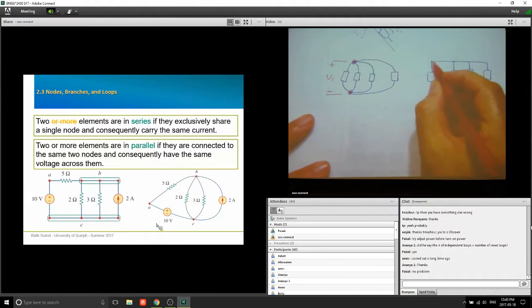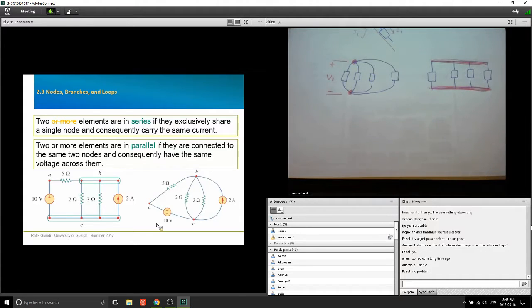We already discussed the fact that all of that is one node, and all of that is another node, which means that my elements are all connected between the same 2 nodes, and consequently, they share the same voltage across them all. What about the current? Is there any relation between the current here and here and here and here? No. Those currents can take on totally different values.